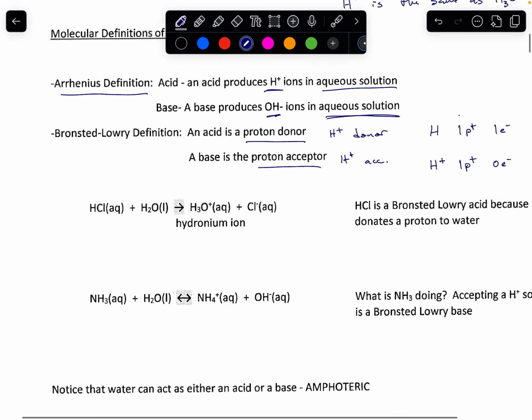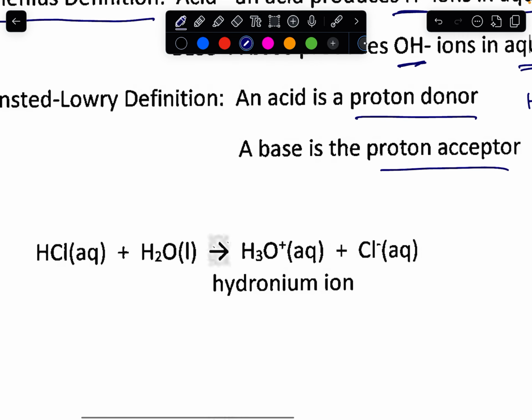All right, so let's look at a couple of examples. I've got HCl plus H2O making hydronium and Cl minus. What's going on here is my HCl is losing H plus to that H2O.